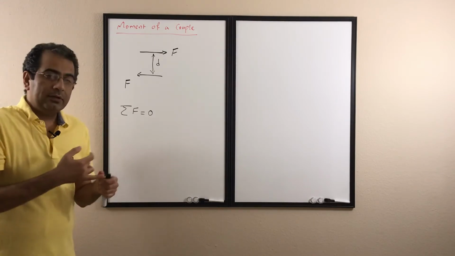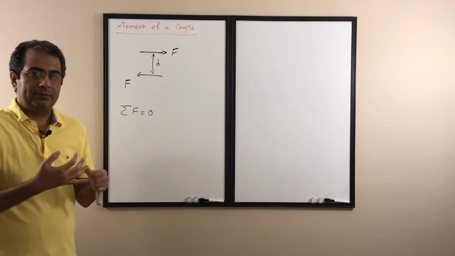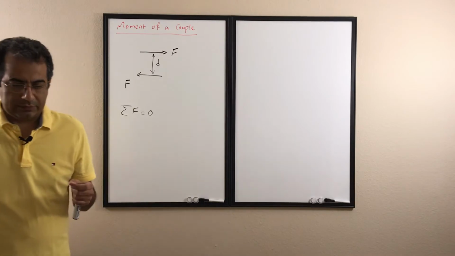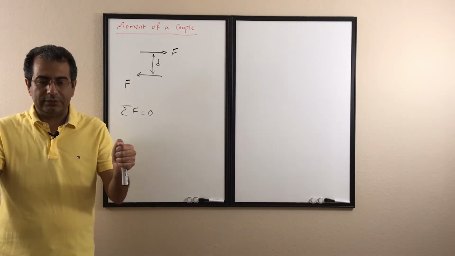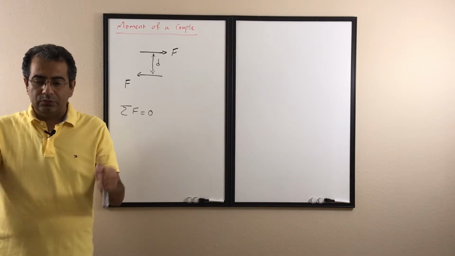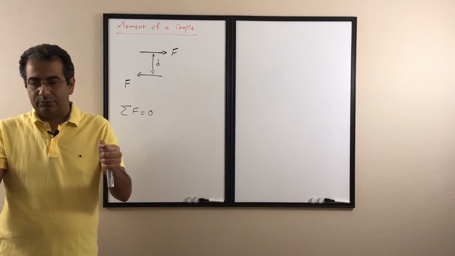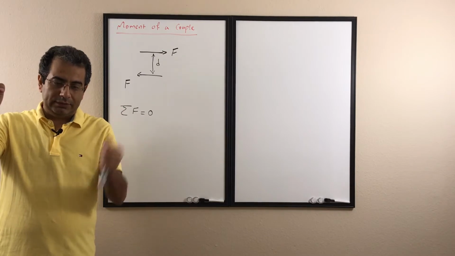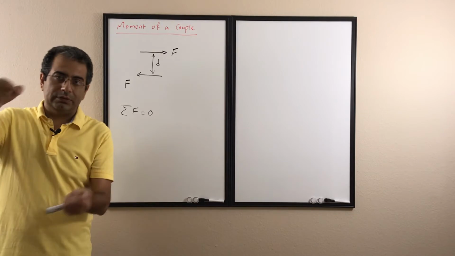An example is the steering wheel of a car. When you want to rotate it, you apply two forces, each opposite to the other. For example, with this hand I push the steering wheel up, and with this hand down, and then the steering wheel rotates. It doesn't move, but it rotates.